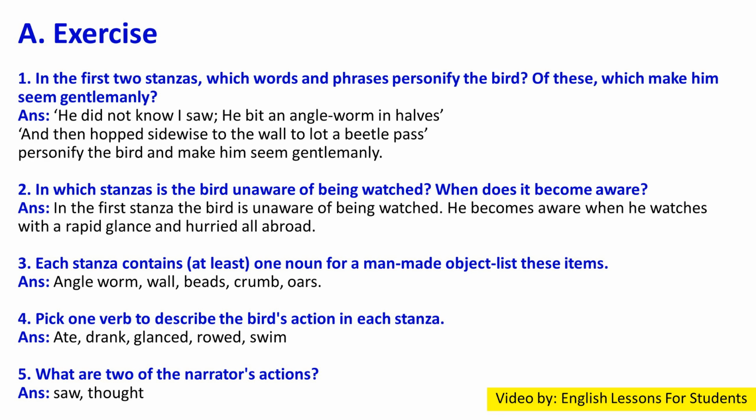3. Each stanza contains at least one noun for a man-made object. List these items. Answer. Angled worm, wall, beads, crumb, oars. 4. Pick one verb to describe the bird's action in each stanza. Answer.